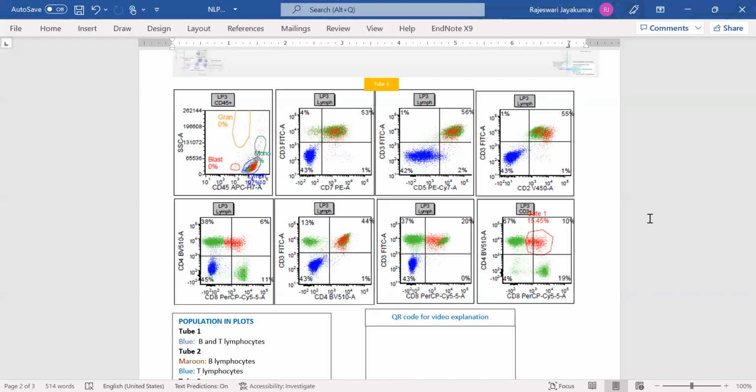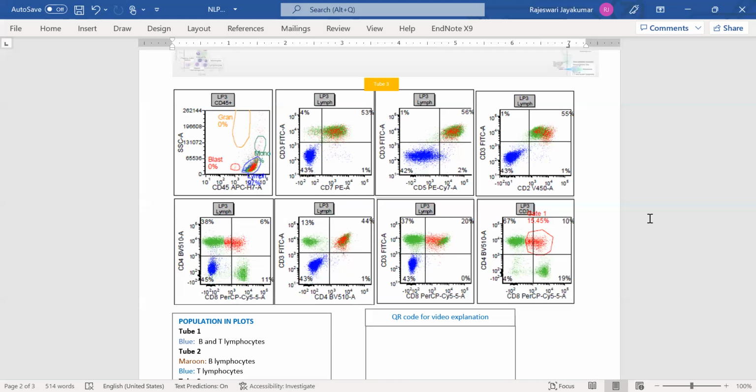When you see a lymph node where everything is normal, if the CD4:CD8 ratio is very high, that is indicative of a neoplastic process, like nodular lymphocyte predominant Hodgkin lymphoma.